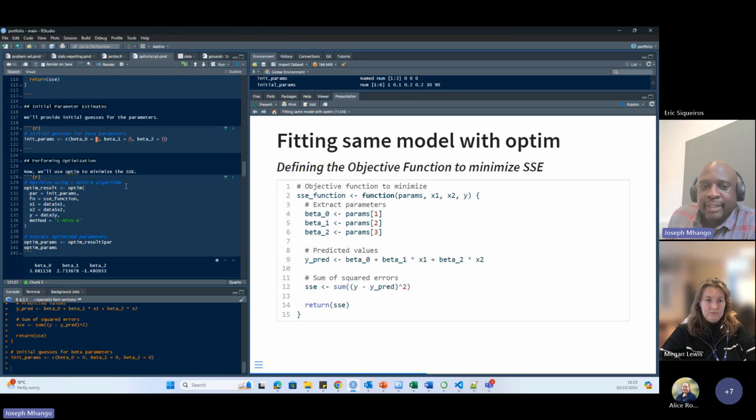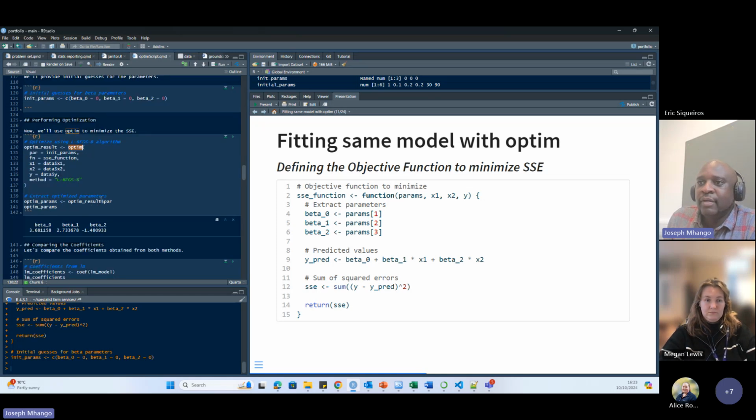So the next thing you do now is to use the optim function. So what do we pass to the optim function? We pass it our initial parameters. Then we pass it our objective function, which we set before. We pass it the x1 that we set before. We pass it the x2 that we set before, the simulated data, and we pass it our y.